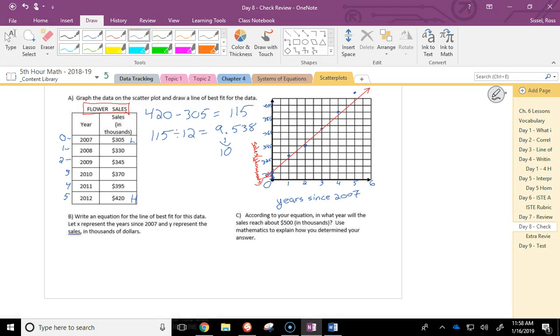So if I look, easy points to graph. Let's say this one, I have that right on the dot. So that one was 0, 305, and I'd say that one is at 3, and that's 370.